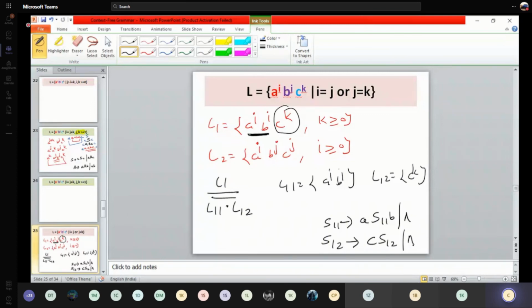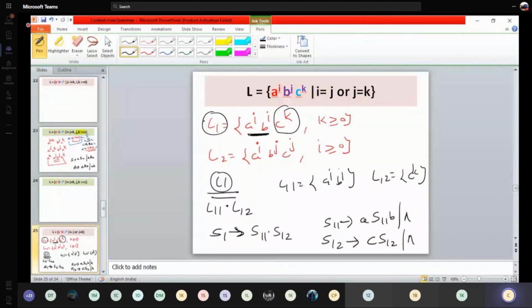Now our L1 language is a concatenation of these two languages. So for L1, we'll take the starting symbol S1 and write S11 S12. This is for the L1 language only.